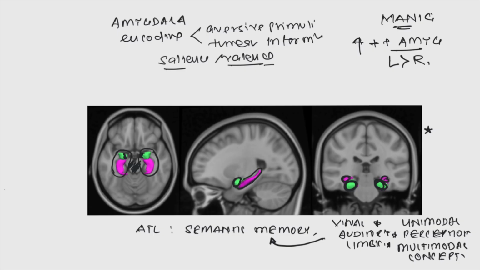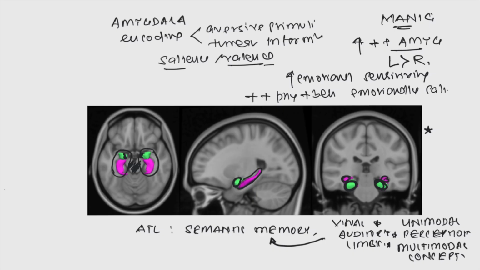An increase in the activation of the amygdala means that this patient in a manic episode will have increased emotional sensitivity, and an exaggerated physiological as well as behavioral response to emotionally salient stimuli. This in turn can lead to the emotional dysregulation and mood instability that we see in patients with bipolar disorder, especially when they are in a manic episode.